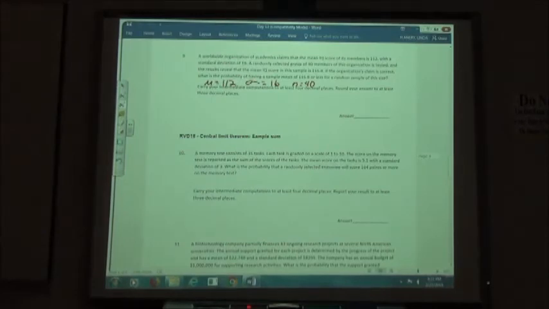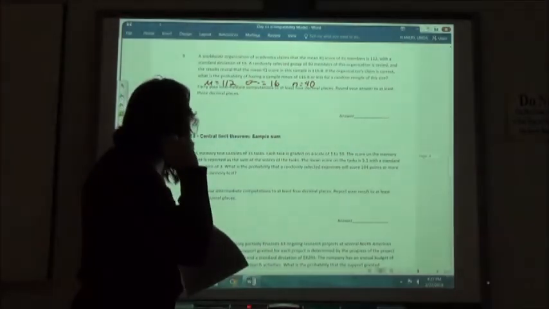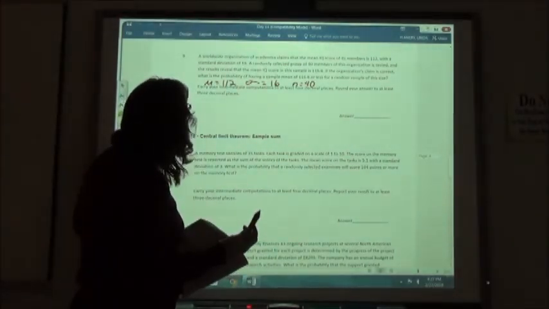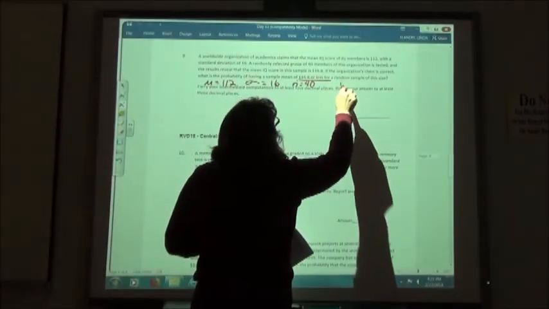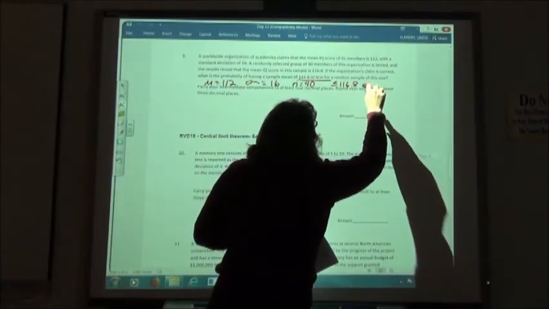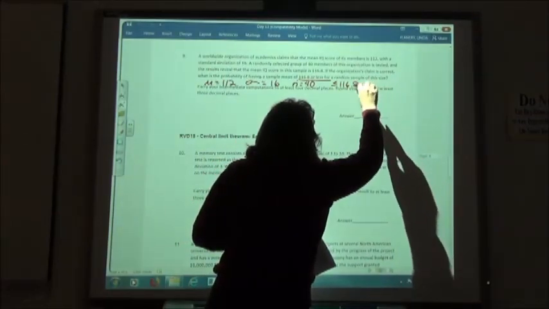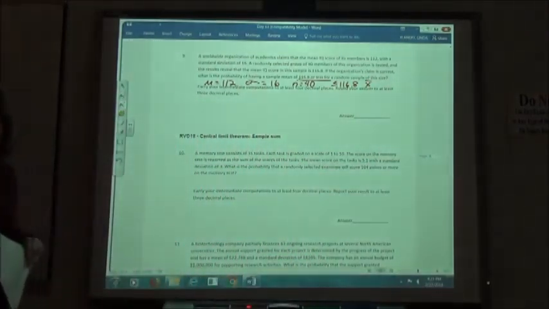The results reveal that the mean IQ score in this sample is 116.8. If the organization's claim is correct, what is the probability of having a sample mean of 116.8 or less? They must do that on all of them so we don't have to worry about the 1 minus. They try to be nice for once.